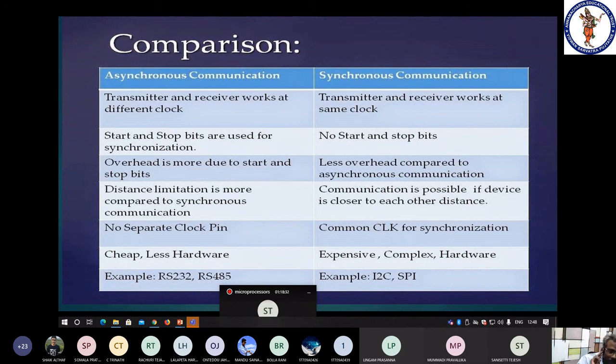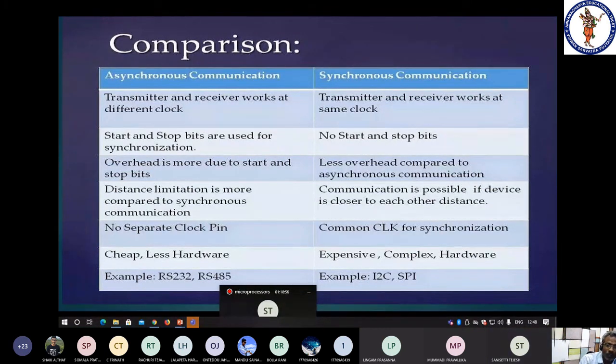Now suppose there are 101 characters. Is it possible to transfer them through asynchronous communication with 1000 bits of bandwidth? No, because that bandwidth is sufficient only for 100 characters. What about synchronous? Can you transfer 101 characters with the same bandwidth?